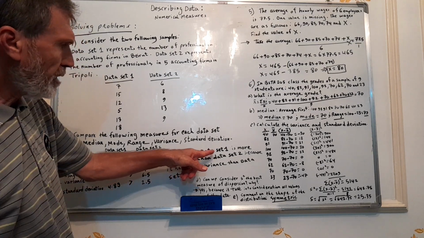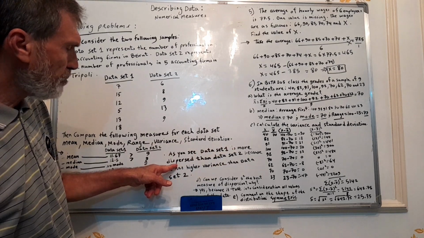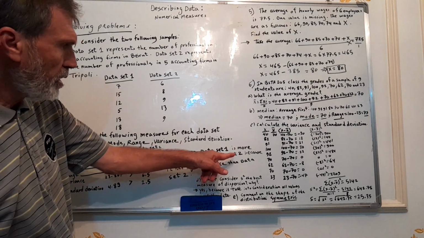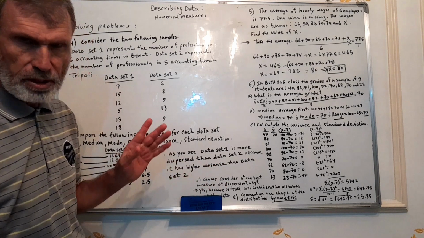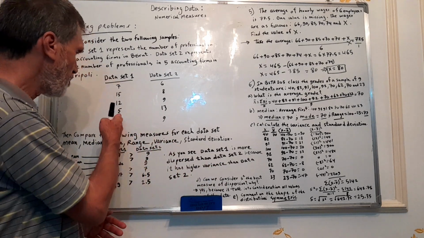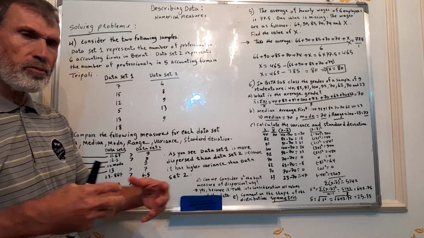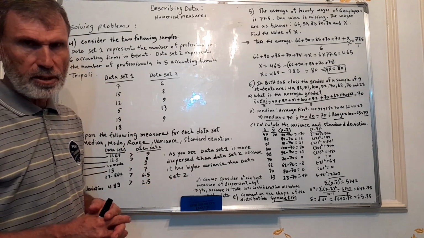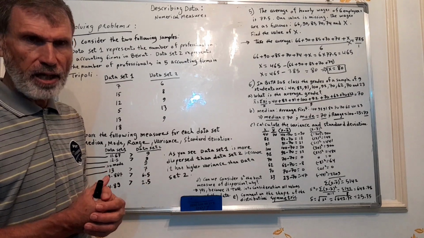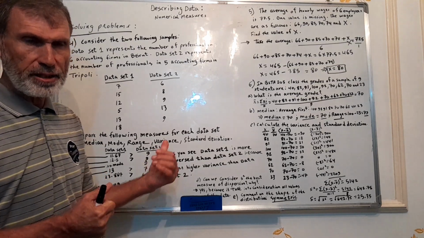Data set 1 is more dispersed than data set 2 because it has a higher variance. Why? Because the variance is larger.